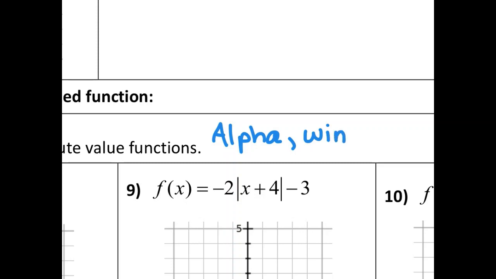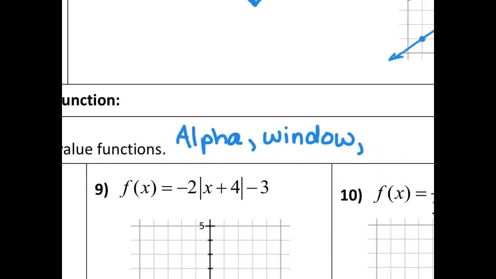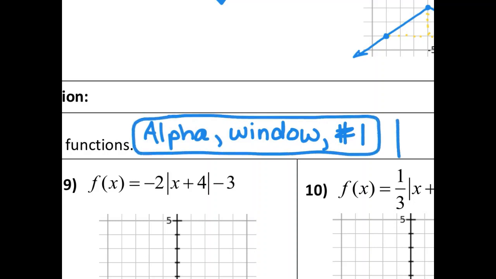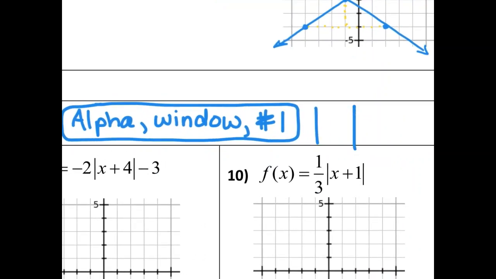When you do alpha and then window, you're giving yourself that green F2 above the window button, and that gives you a menu with some mathematical functions, and you'll see that the first choice, number 1, is absolute value. When you type alpha window number 1, it gives you the absolute value symbol with the little blinking cursor inside that's basically saying type something inside.